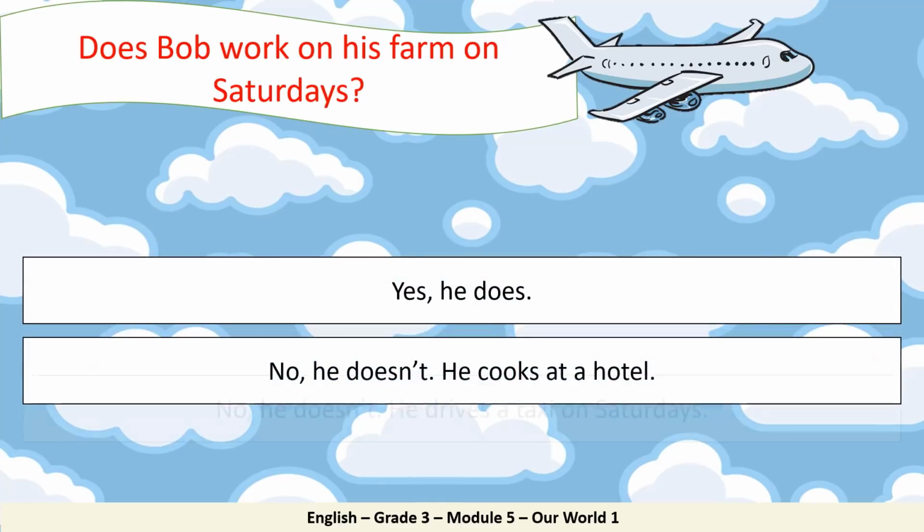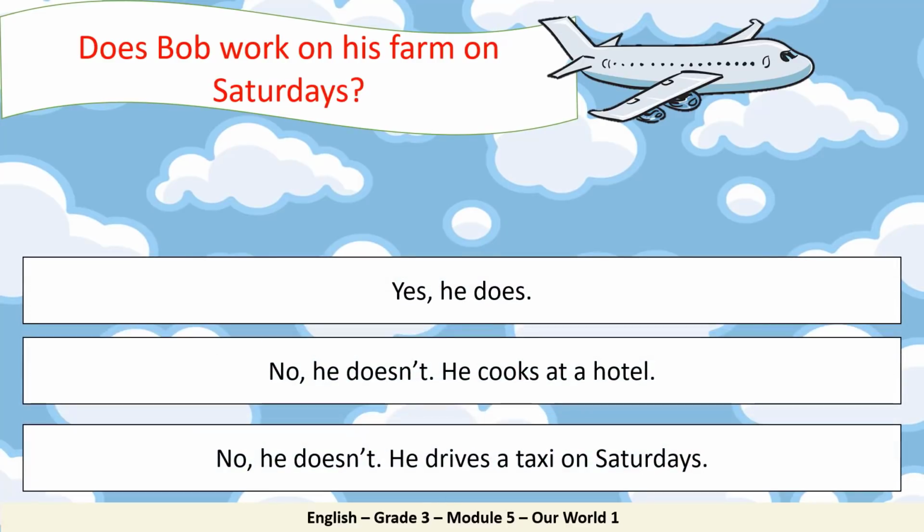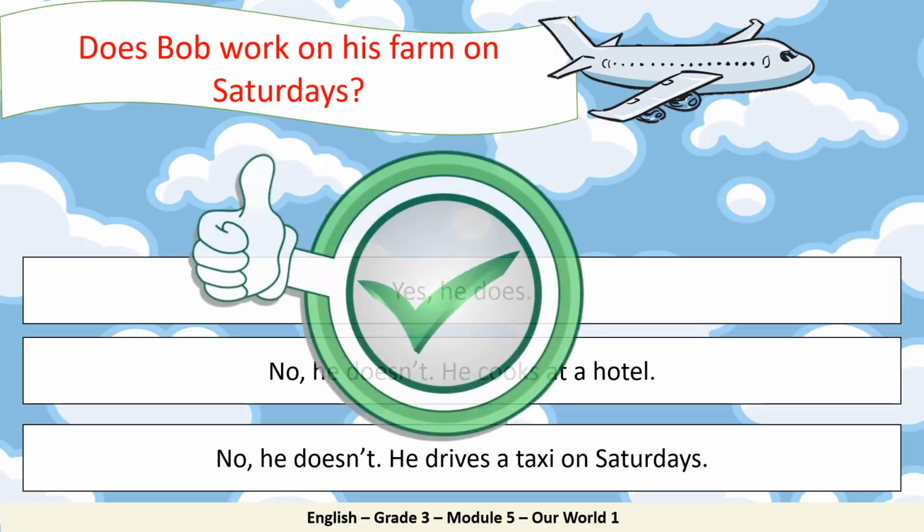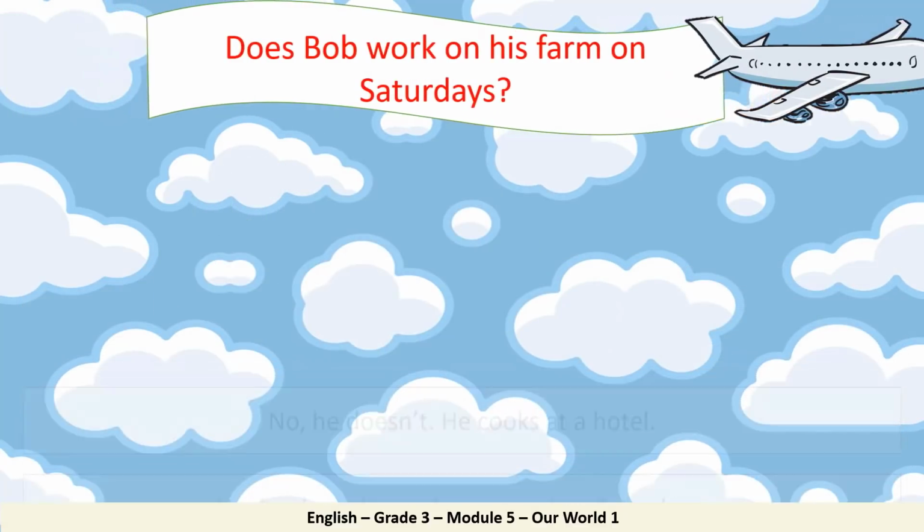Does Bob work on his farm on Saturdays? Yes, he does. No, he doesn't. He cooks at a hotel. No, he doesn't. He drives a taxi on Saturdays. Excellent. No, he doesn't. He drives a taxi on Saturdays.